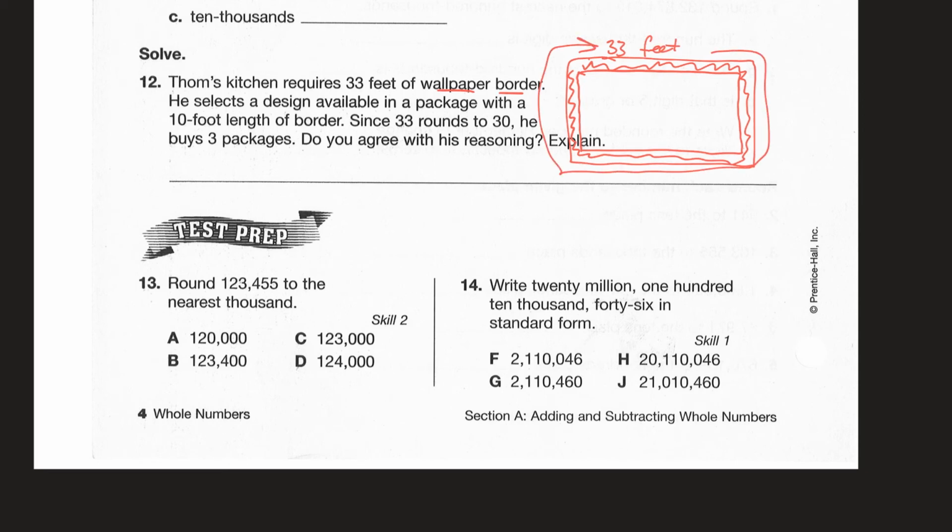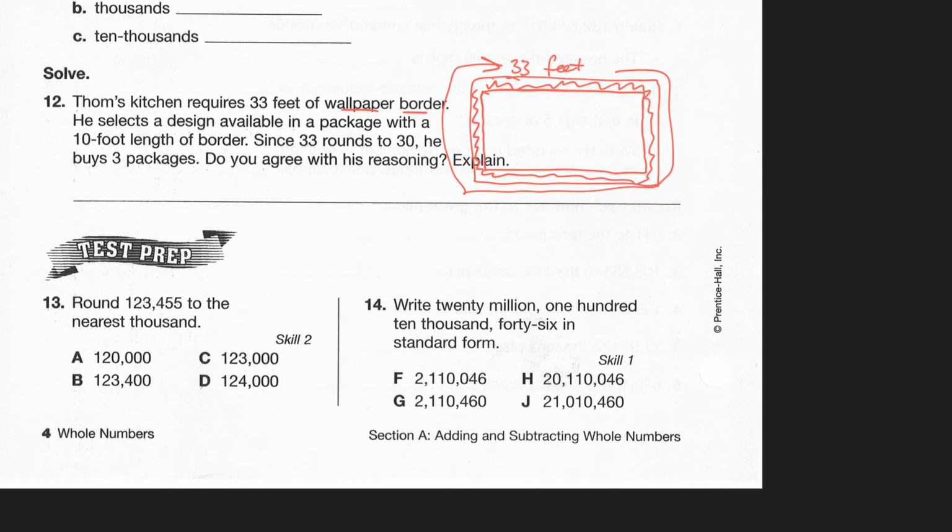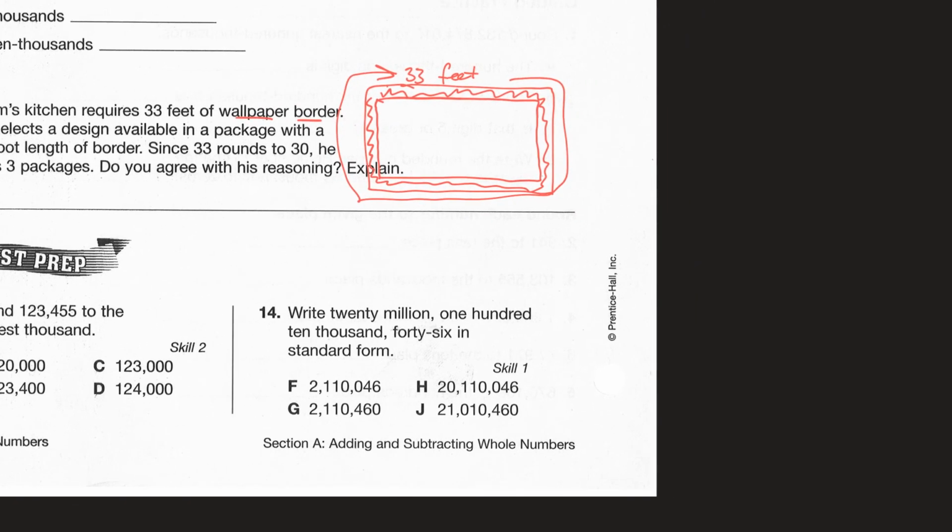That's what this is about. He selects a design with a 10-foot length of border. There's a package with a 10-foot length border. There's some kind of rolled up package, and in that package, it'll cover 10 feet.